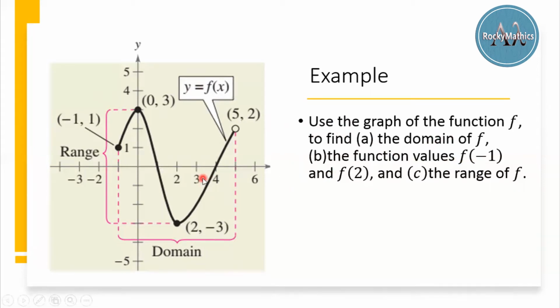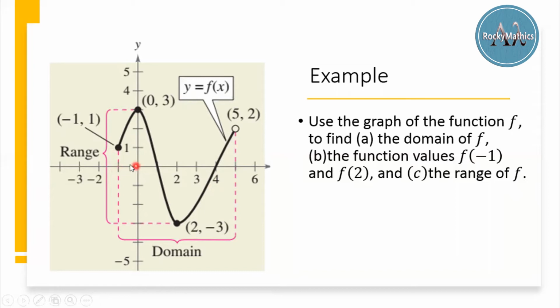So what is the domain of the function given the graph only? For the domain, you have to look at the x values. The graph lies on the x values from -1 to what?